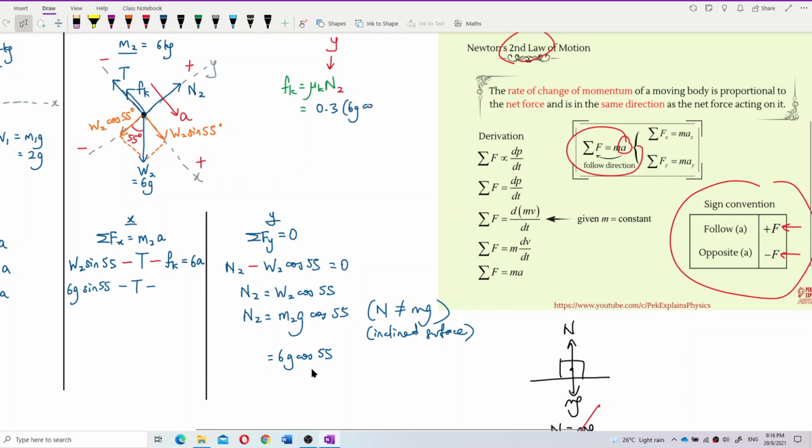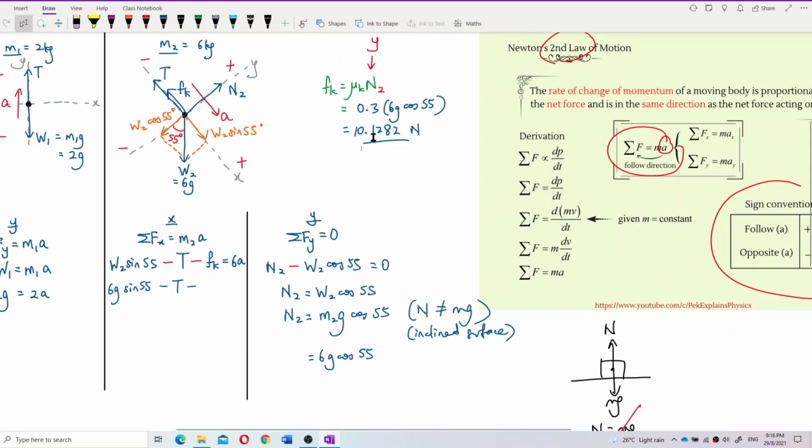What answer do we get? Multiplying by 0.3, I got the friction is 10.1282 Newton. That's the friction.